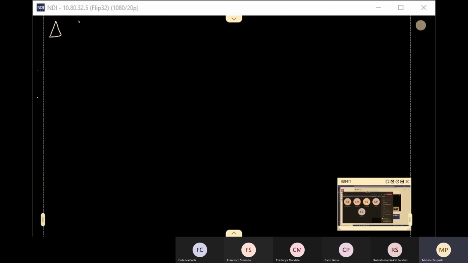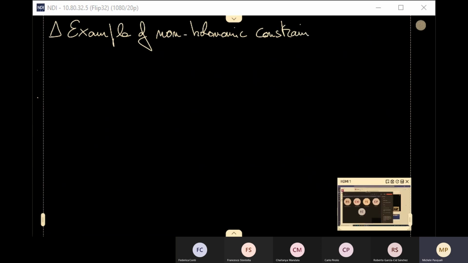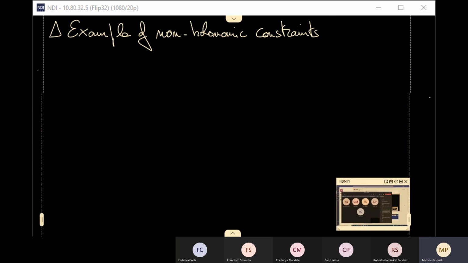Let's make an example of non-holonomic constraint, and let's also look at some tricky aspects that can arise. All right. Let's see, for example, let's use this picture here.